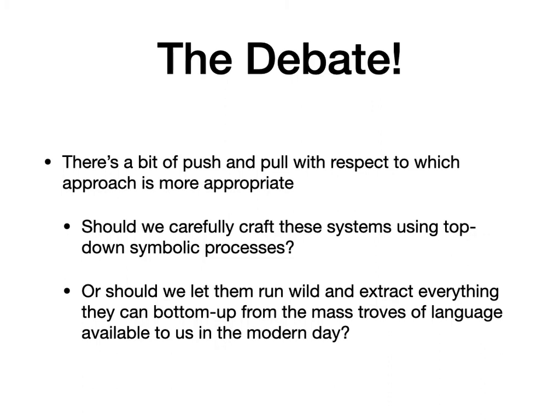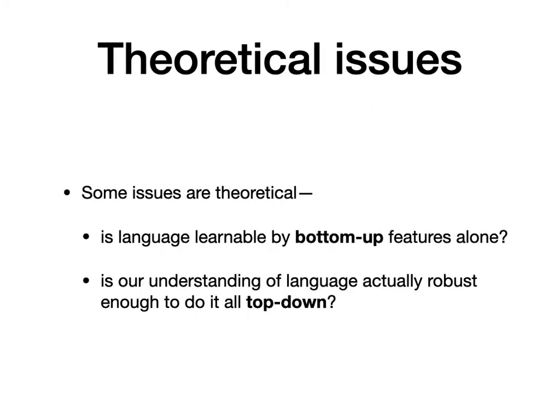And there are different ways to frame this. So there's theoretical issues of, hey, is language actually like this, right? Can you learn language just by turning an algorithm loose and letting it look at all the words? Is that actually going to give it language capabilities?